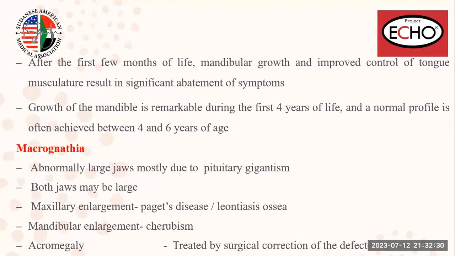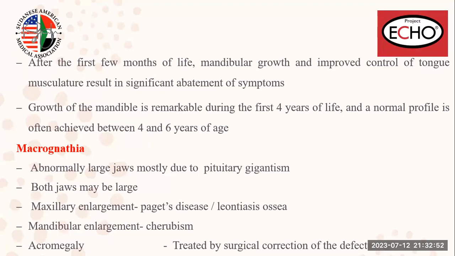Also, the mandible will grow, which will help the symptoms improve. So growth of the mandible is remarkable during the first 4 years of life, and usually a normal profile is often achieved between 4 and 6 years of age, which is good news for everyone.